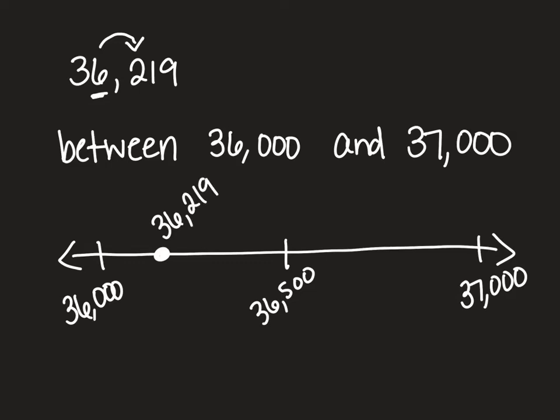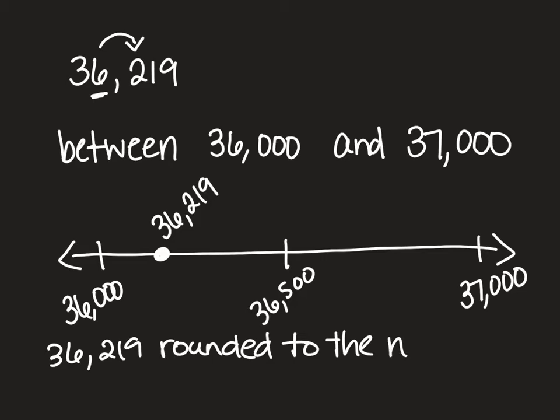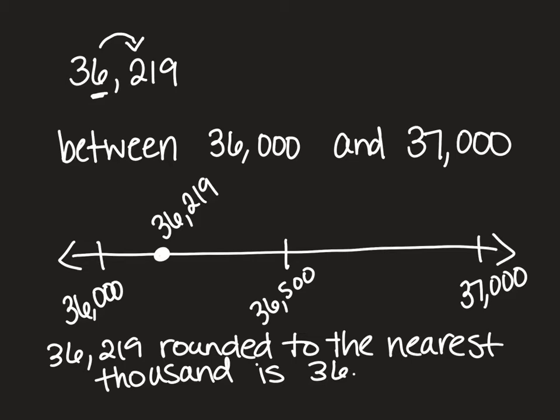So would I round it? What is it closer to? Would I round it to 36,000 or 37,000? 36,000. So we could say 36,219 rounded to the nearest thousand is 36,000.